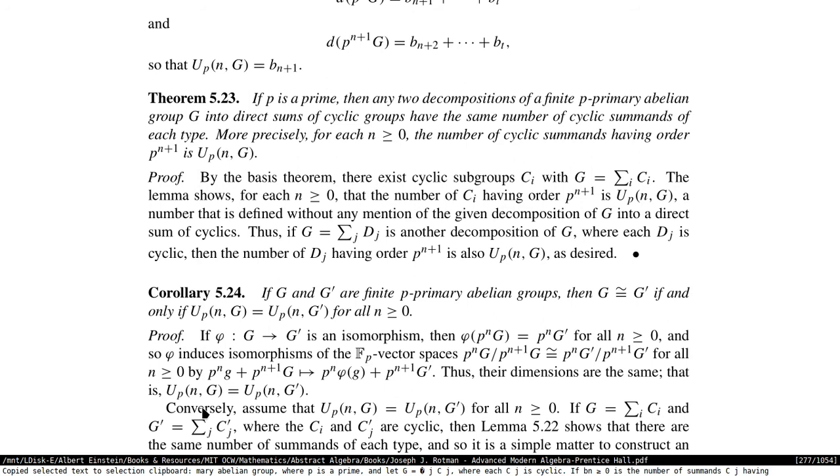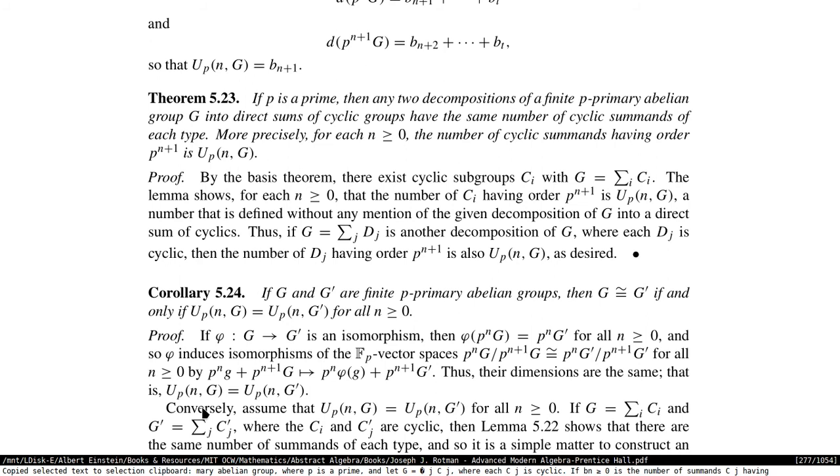By the basis theorem, you can write G as a direct sum of cyclic groups, right? That works. The lemma before this shows that for each n greater than or equal to 0, the number of cyclic summands having order p^(n+1) is b_(n+1), u_p(n, G).